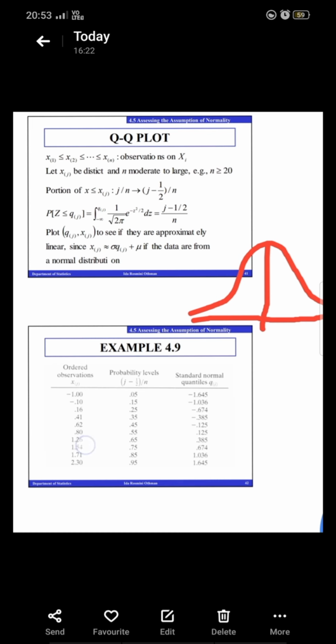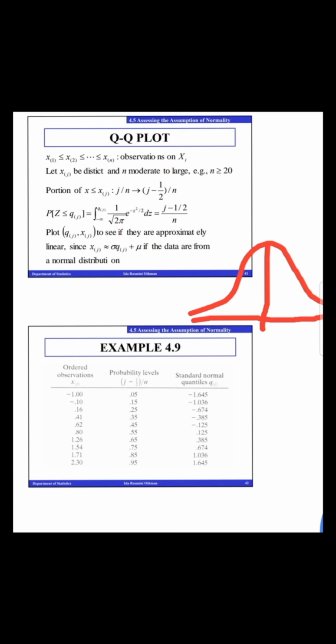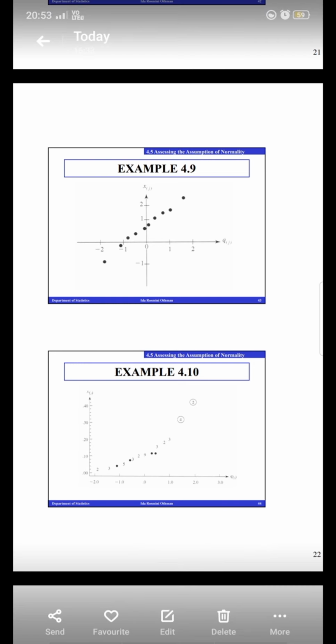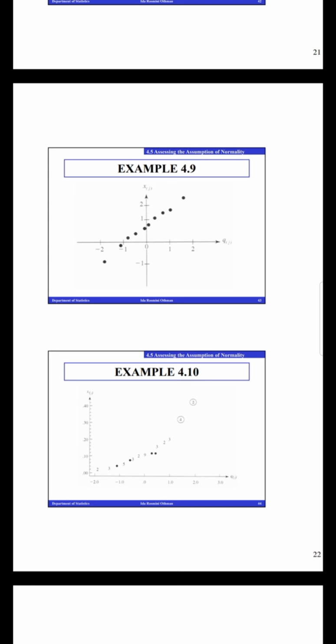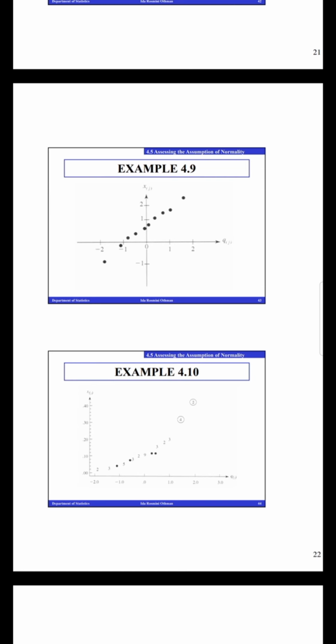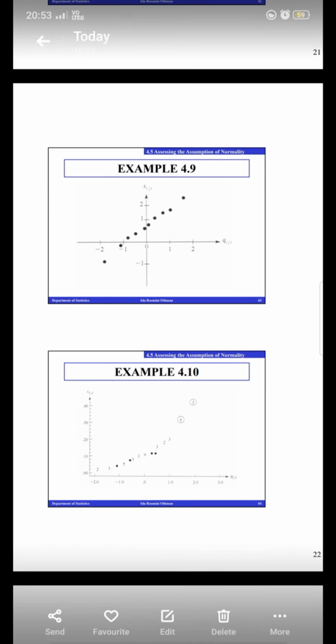So when we have these two column, the second step tadi kita calculate the quantile, and then the third step adalah plot observation xj versus quantile. So just plot. We have these two column. Just plot the graph. Okay, remember xj versus qj.